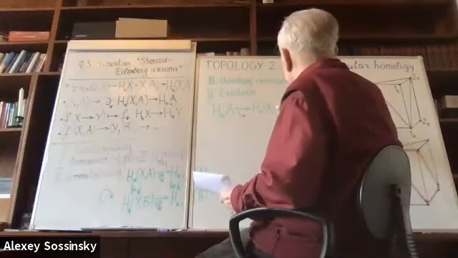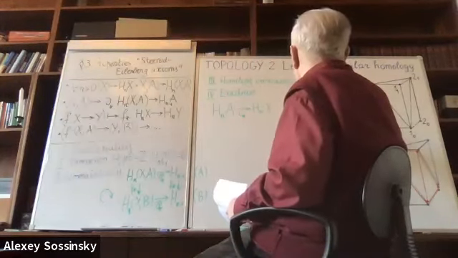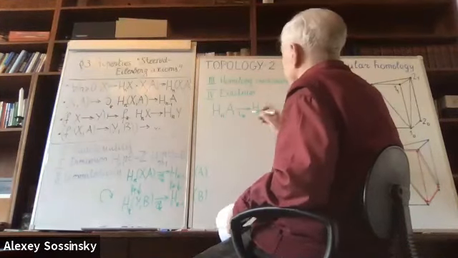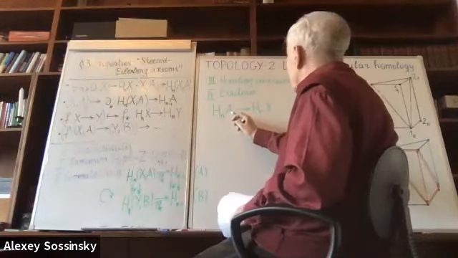I'm sorry, I got this wrong. Of course, this is H_n of X. This is the inclusion, the induced map from the inclusion of A into X.